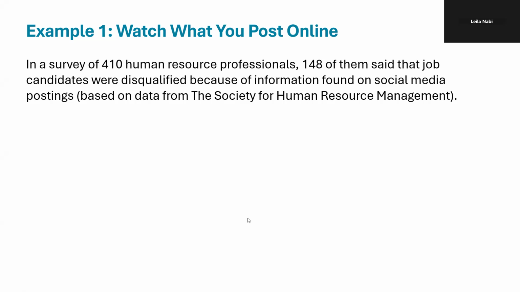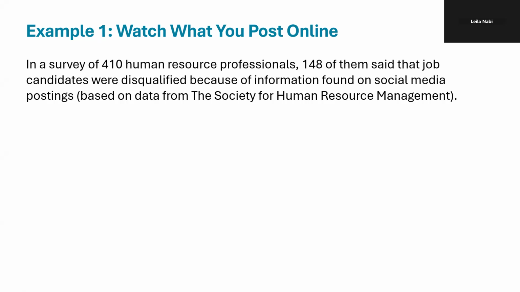Population, so as you see, it says a survey of 410 human resource professionals. That means this study is on human resource professionals. So when we ask what is the population, in this case, the population is all human resource professionals. But we're not going to do this study on all of them.